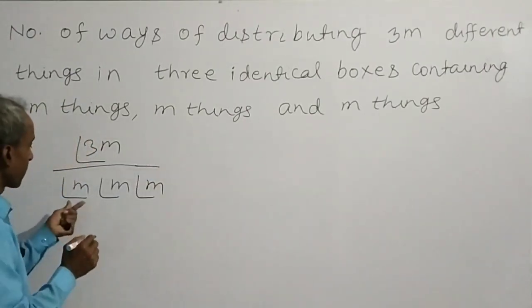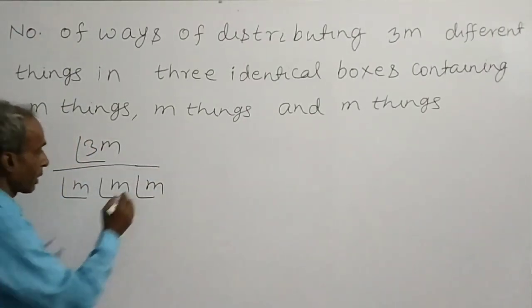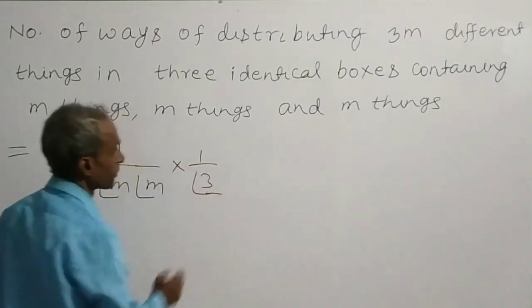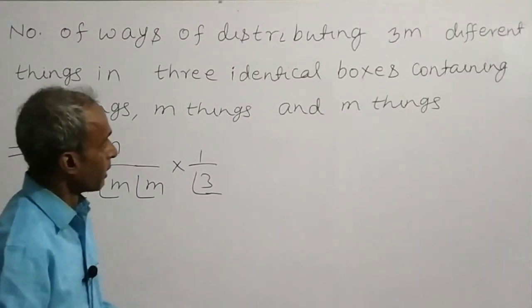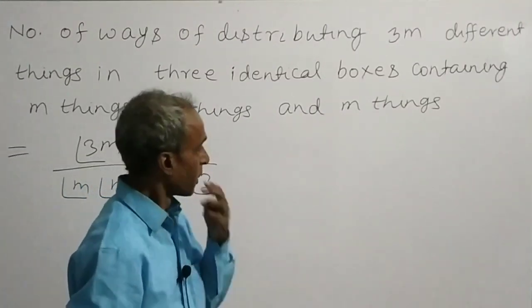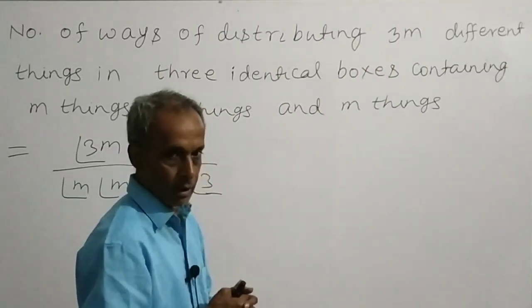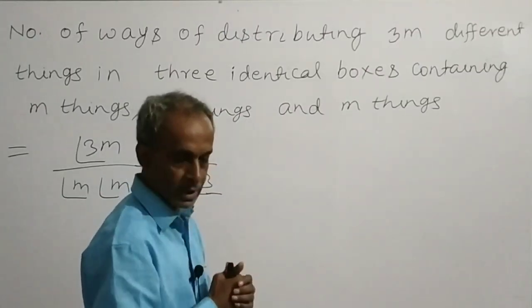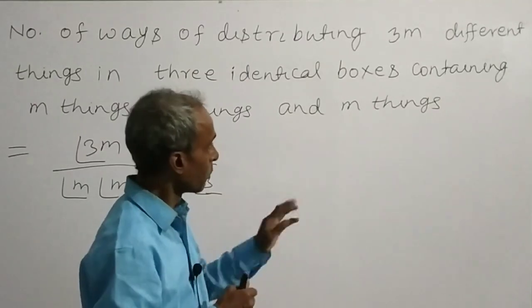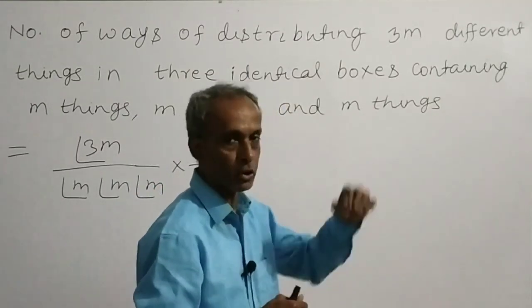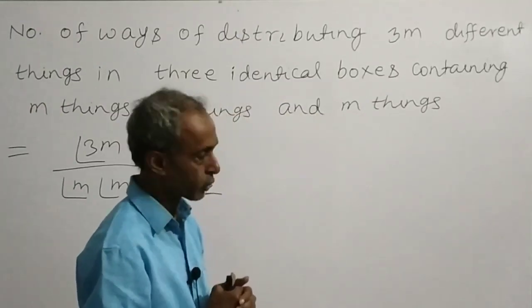Since the number of things in 3 boxes are equal, therefore we will divide by factorial 3. In a similar way, we can write the number of ways of distributing different things in more than 3 boxes, like 4 boxes, 5 boxes, 6 boxes also.